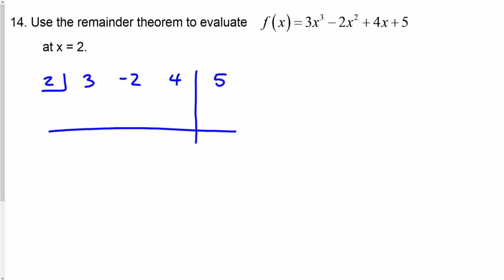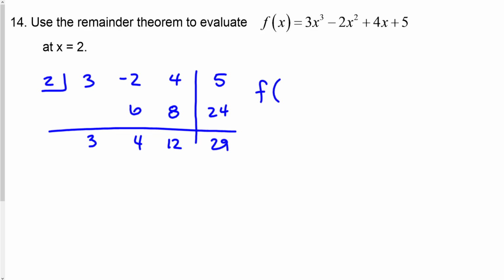We go through the process of synthetic division, bring the 3 down, 2 times 3 is 6, that becomes 4, this is 8, that's 12, 2 times 12 is 24, and 29 is my remainder. So what the remainder theorem says is the remainder after performing synthetic division is equal to evaluating the function at that point.